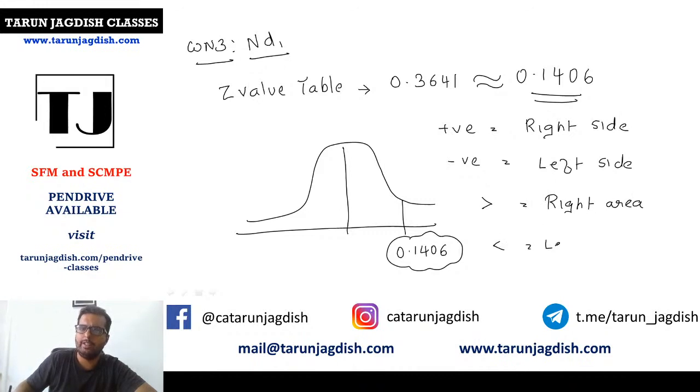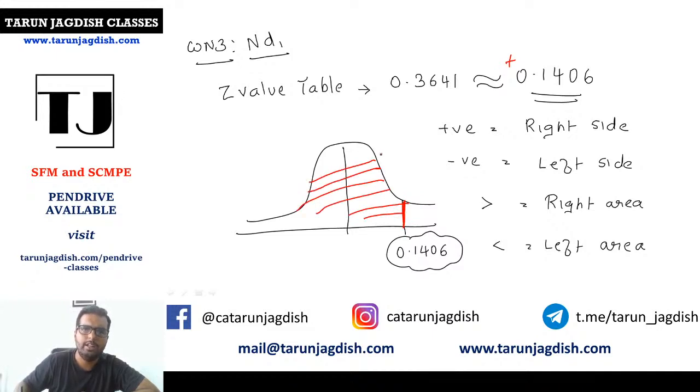If the requirement is less than, I should shade the left area. Now here, since the value is positive, this is plus, it will come on the right side. Okay. And one thing you have to keep in mind, friend, we will always shade the left area as far as the Black-Scholes model is concerned. That is how it has been created, so that we always shade only the left area.